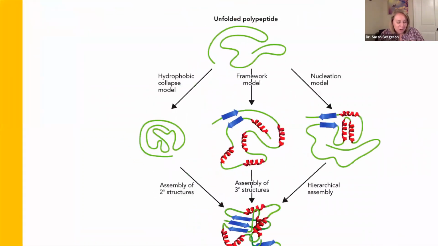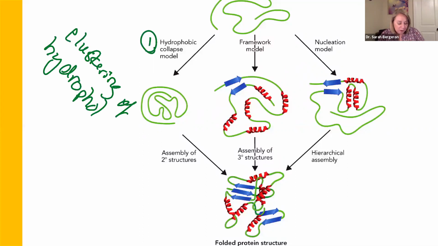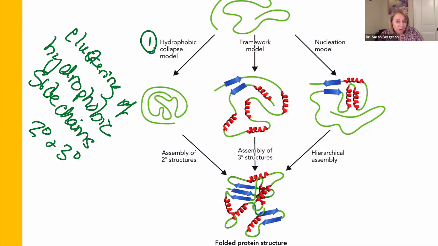The first one is called the hydrophobic collapse model. It predicts that there's a clustering of hydrophobic side chains, and that is what drives the formation of secondary and tertiary structure.